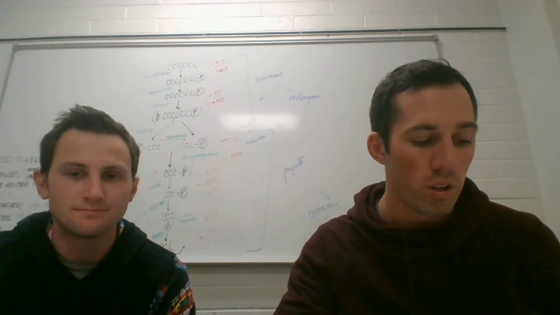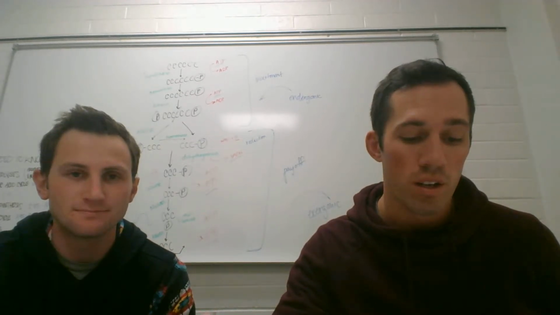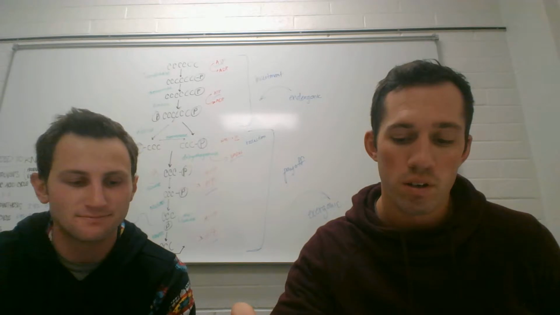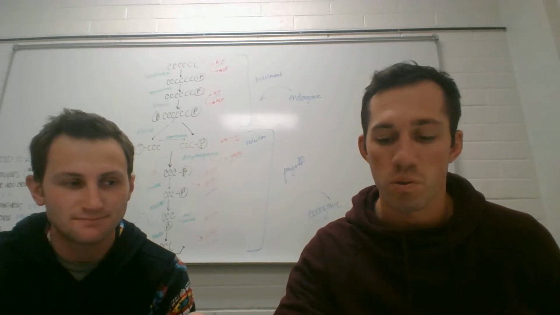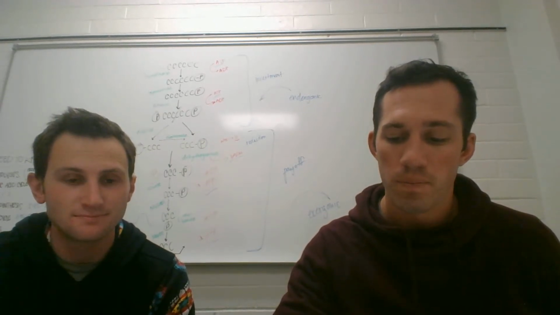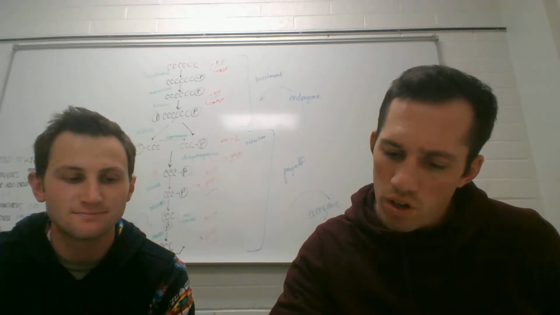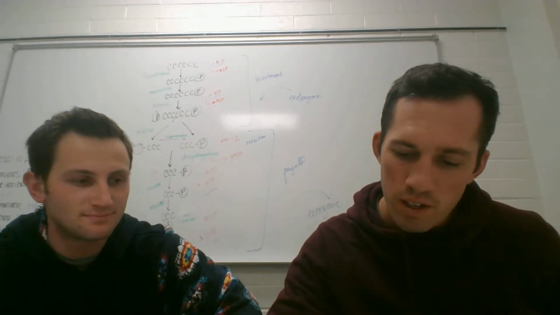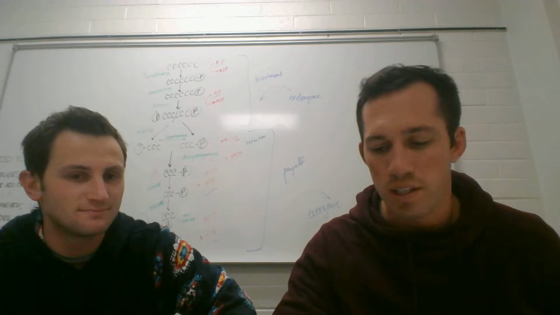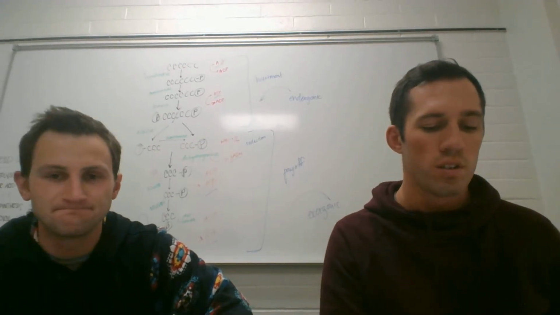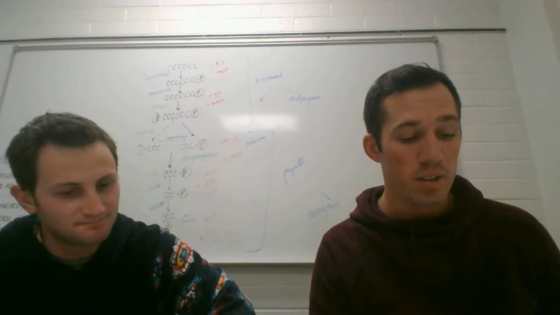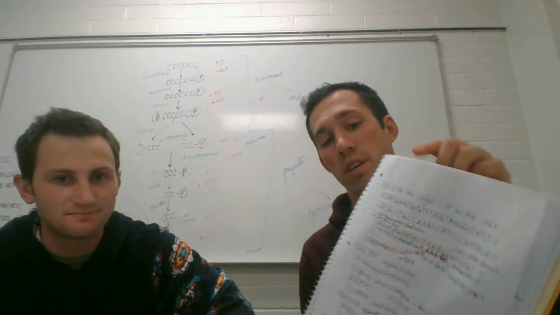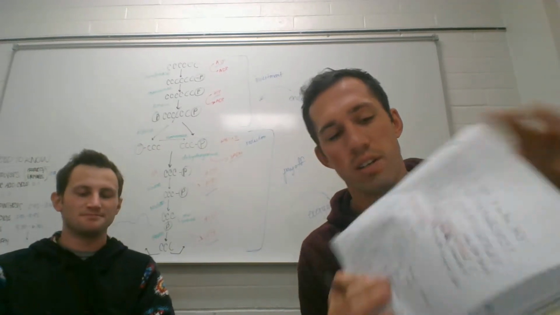U's will get A's, G's will get C's, C's will get G's, and A's will get T's. That's how it goes. So we went through with all of that. You can see the sequences out here.